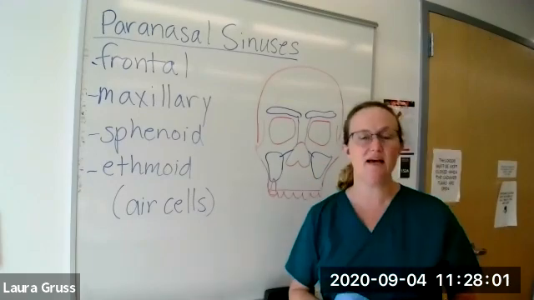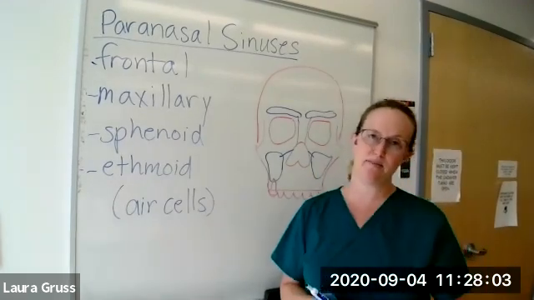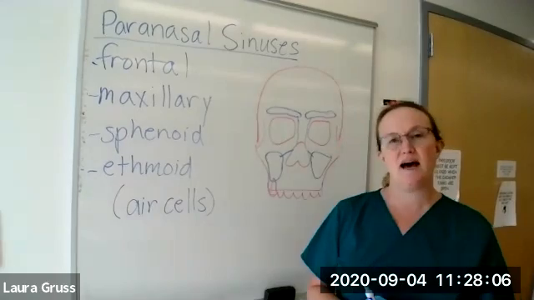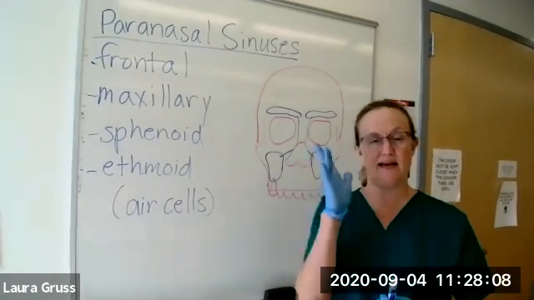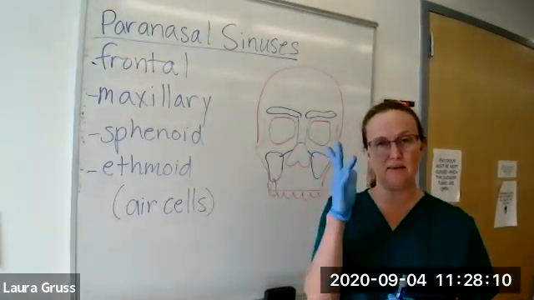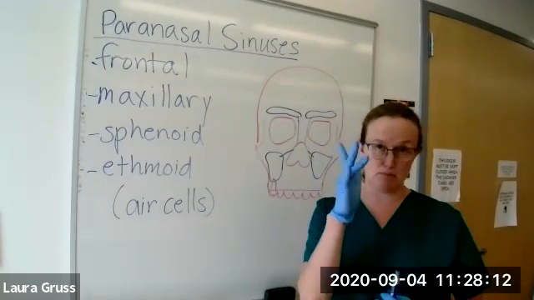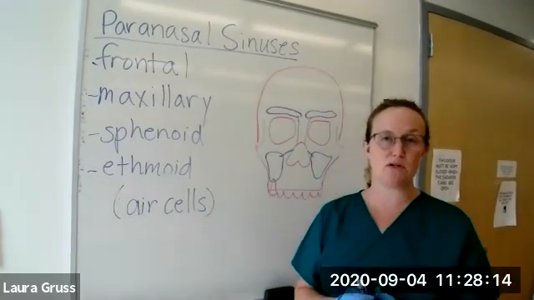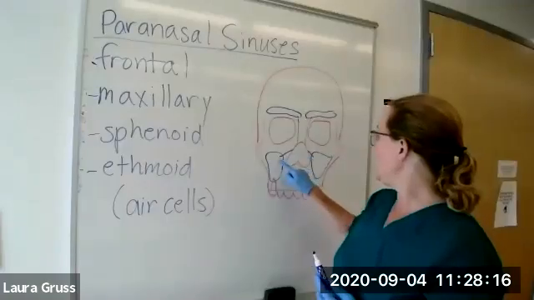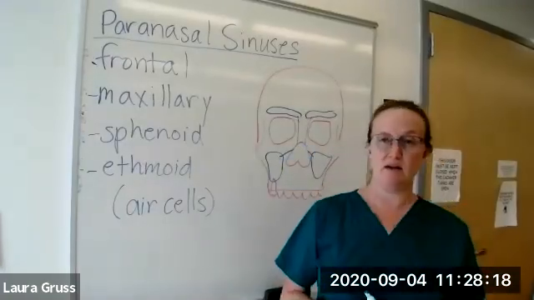Typically the cells in the epithelia of that mucosal membrane are ciliated, and so they can move that mucus out of the sinuses and out into the nasal cavity where it drains out.